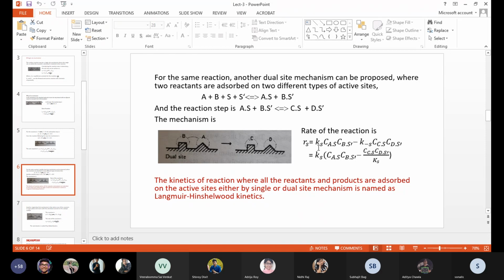If all the reactants, A, B, whatever reactants are there, are adsorbed on the active sites to give the product, then that type of kinetics is termed, after the names of the scientists who proposed it, Langmuir-Hinshelwood kinetics. We cannot use the term invented, it is proposed.